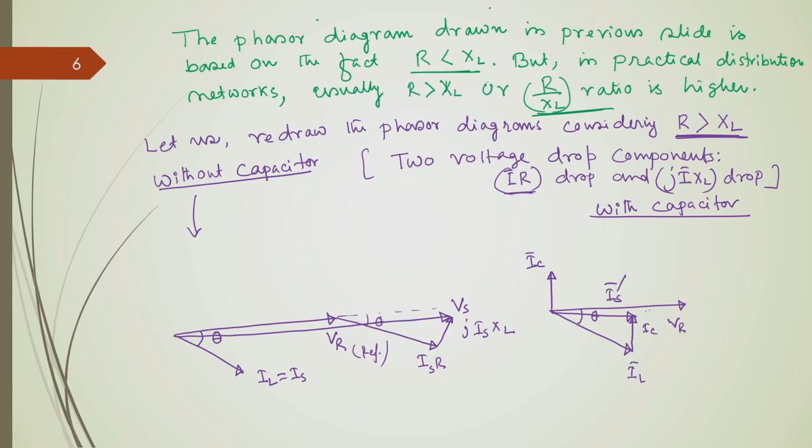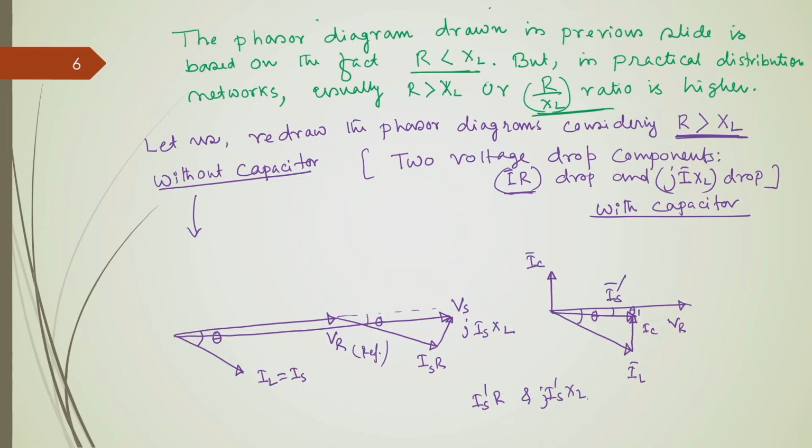Now, when we have this IS dash, we can add these two drops: one is IS dash multiplied by R, another is IS dash multiplied by jXL. Now, this IS dash has its power factor angle changed to theta 1, or theta dash, whatever you can call it. So, this IS dash R drop will be in phase with this IS dash.